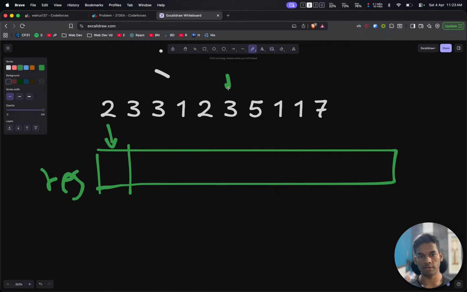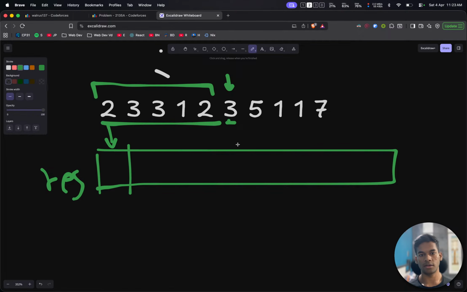So let's say we want to include this. We are here, so we will need to know the best possible answer for this subarray. For this subarray, what is the best answer in this?